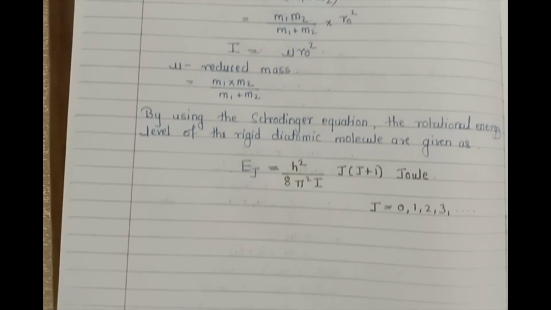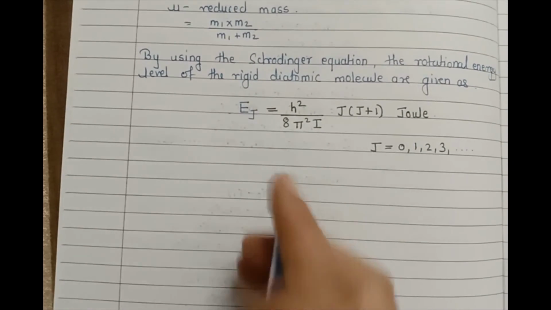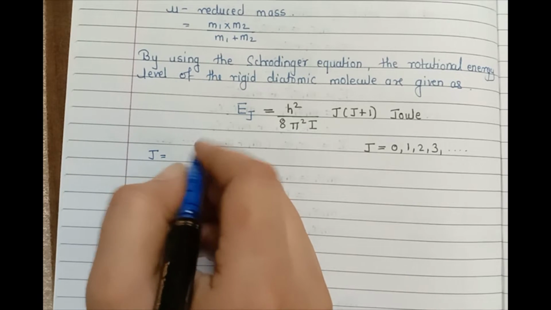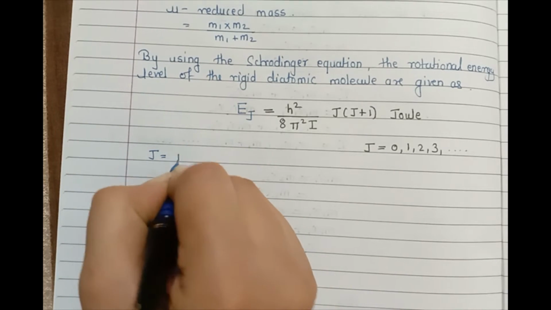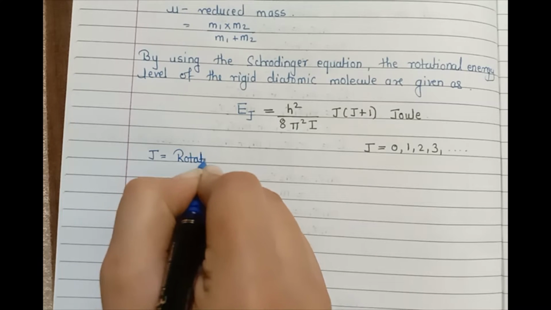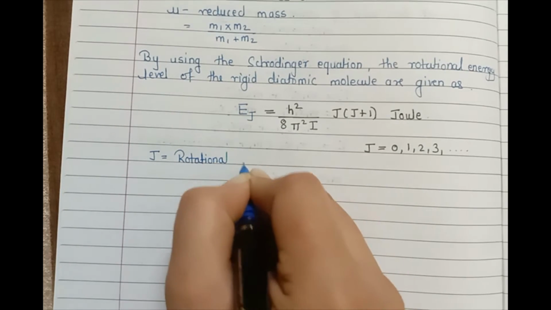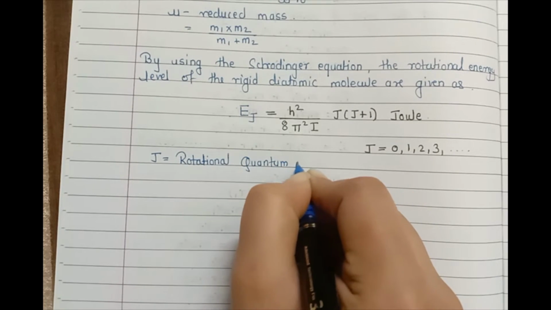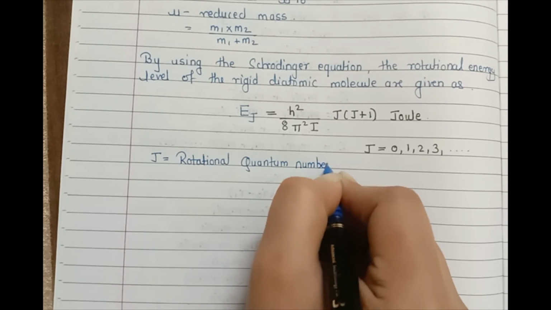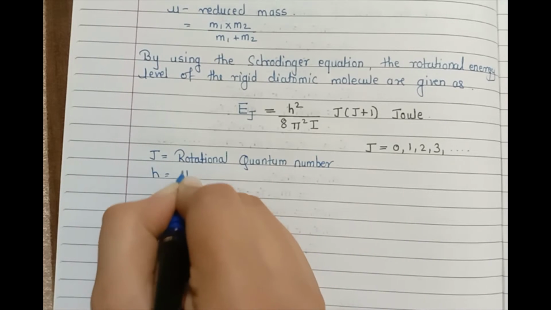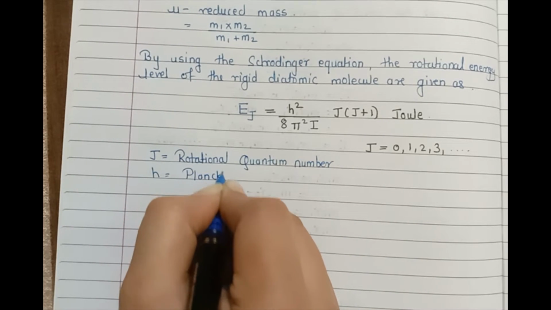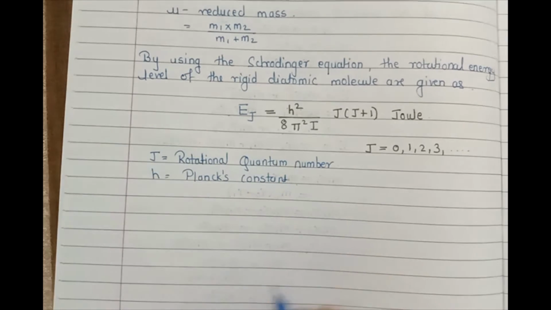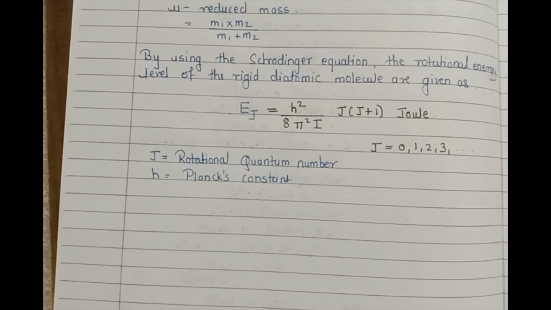J is the rotational quantum number. h is Planck's constant and I is the moment of inertia.